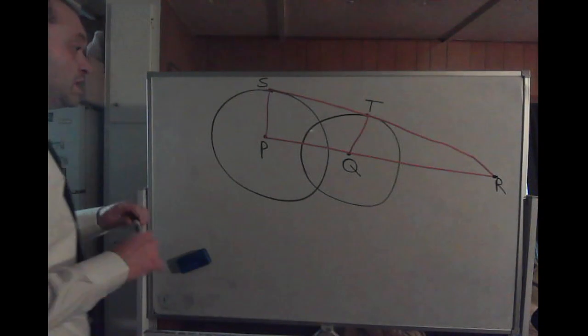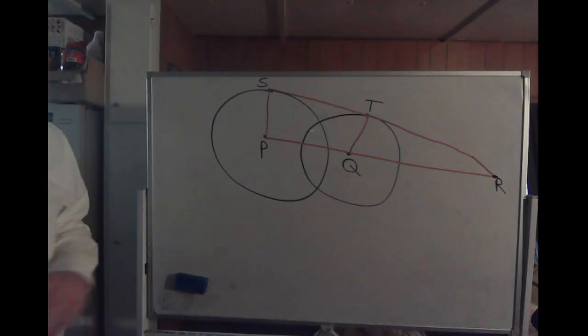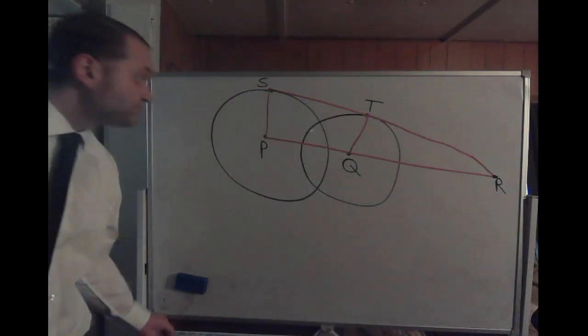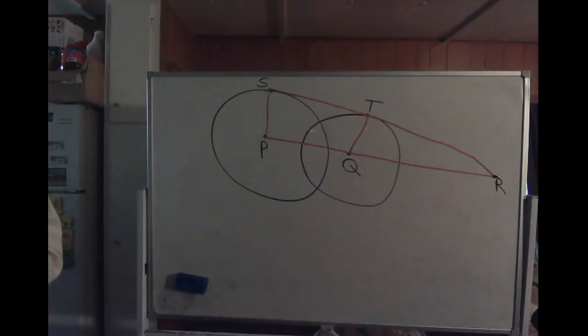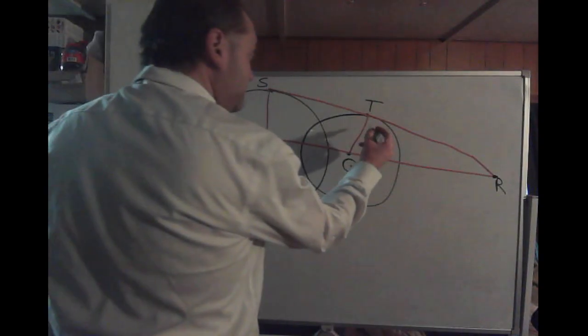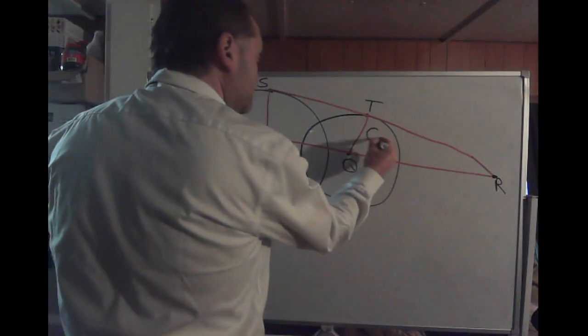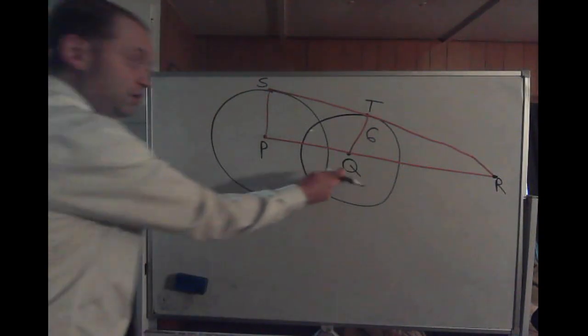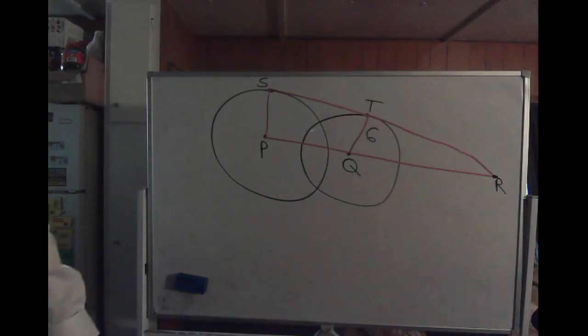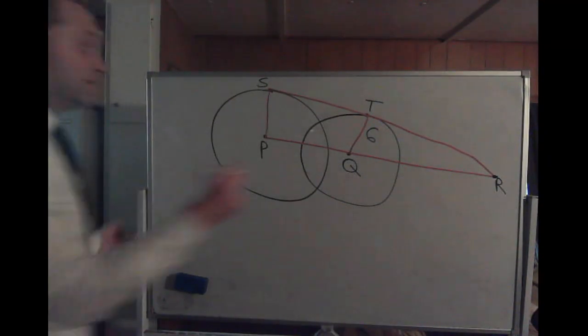Alright. Let's see what we're given for lengths. We are given that QT itself has a length of 6. That would be the radius of the smaller circle. We are given that TR has a length of 8.